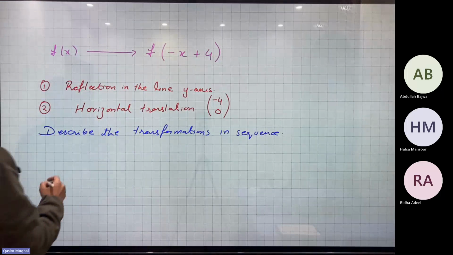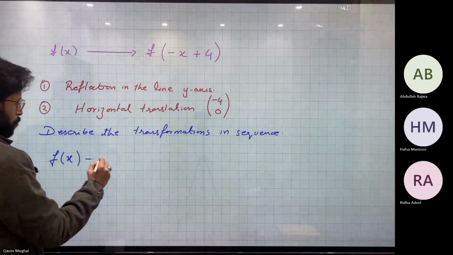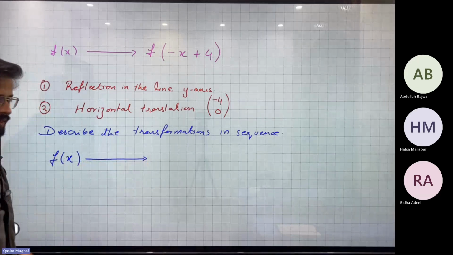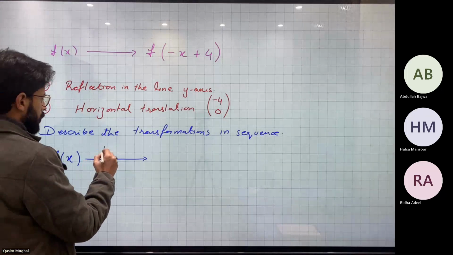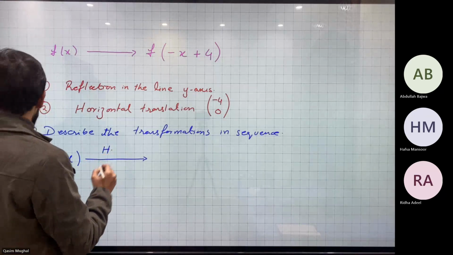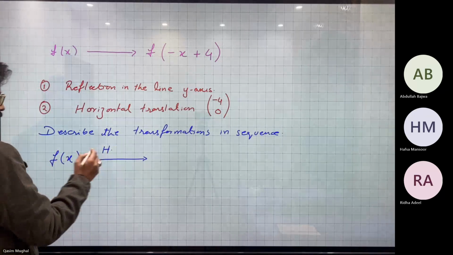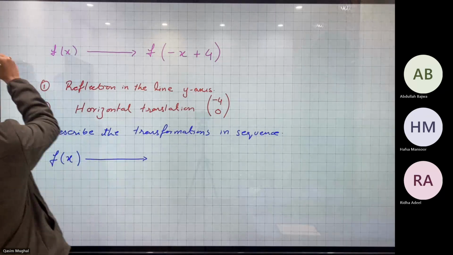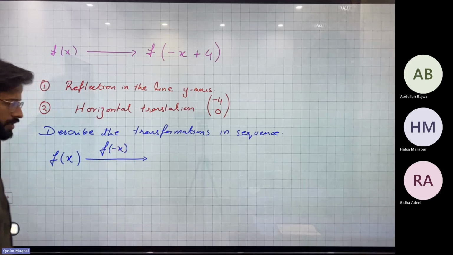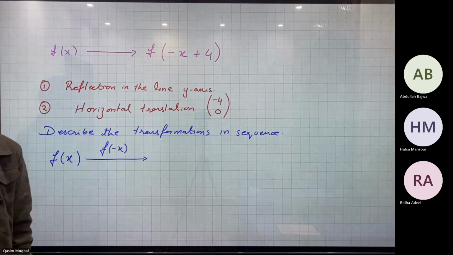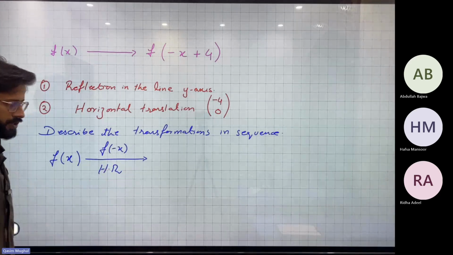Let's draw a function machine here and then we will see what is going on. One of the possible routes is that you have a function and then you do the horizontal reflection first. What do you do first? You apply f of minus x on it, which is basically horizontal reflection.